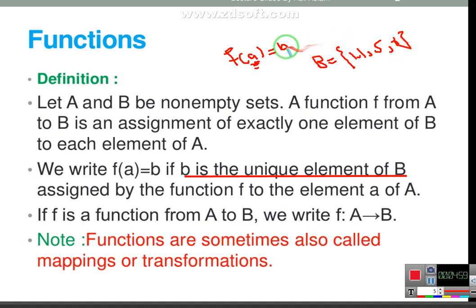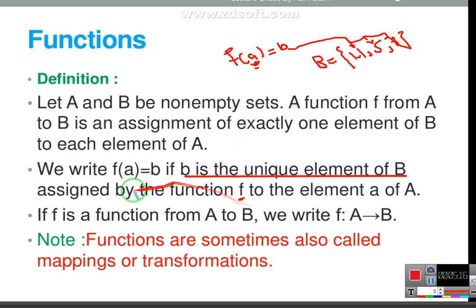So this b is the unique element of set B. It may be 4, it may be 5, it may be 6, and so on. So b is the unique element of B assigned by the function f.